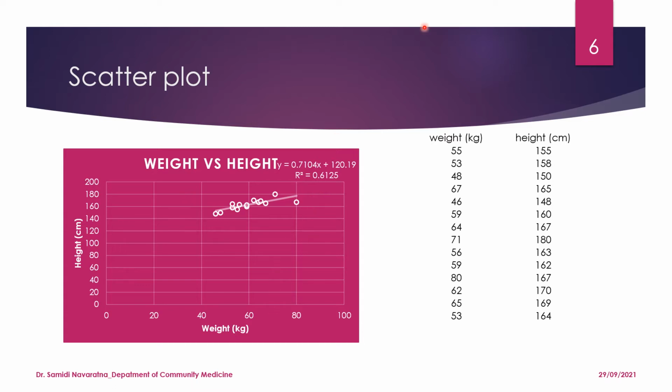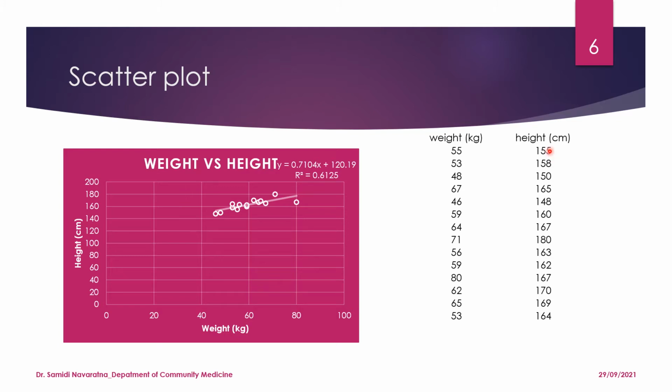And now let's see whether by changing the axis, that is by taking height for the x-axis and weight for the y-axis, whether this correlation coefficient would change. Usually when you draw a chart, you take the independent variable to the x-axis and the dependent variable to the y-axis.